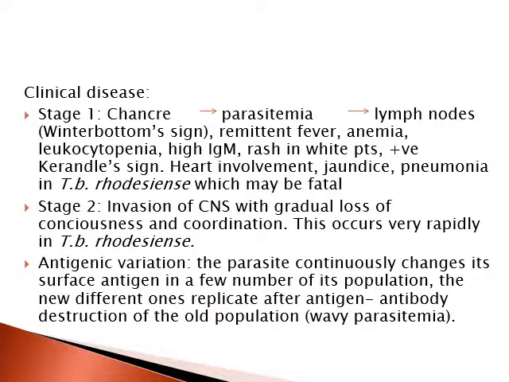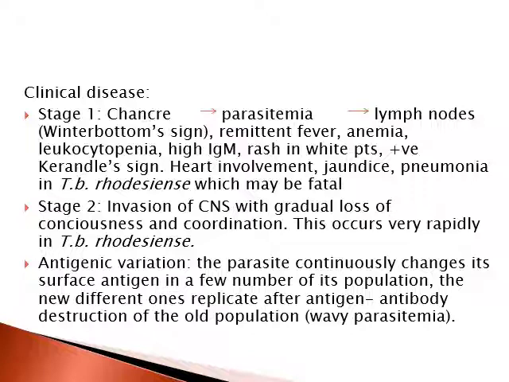I said while discussing the clinical disease that there is remittent fever if there is high parasitemia and the parasites are present in abundance in the circulation. There will be high fever, which subsides with lessening of the trypomastigotes in the circulation.